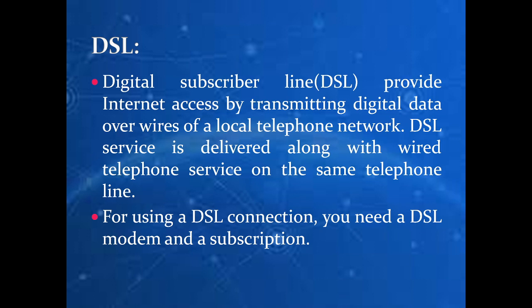DSL stands for digital subscriber line, which provides internet access by transmitting digital data over the wires of the local telephone network. It is delivered along with wired telephone service on the same telephone line. For this we need a DSL modem and a subscription from the ISP.